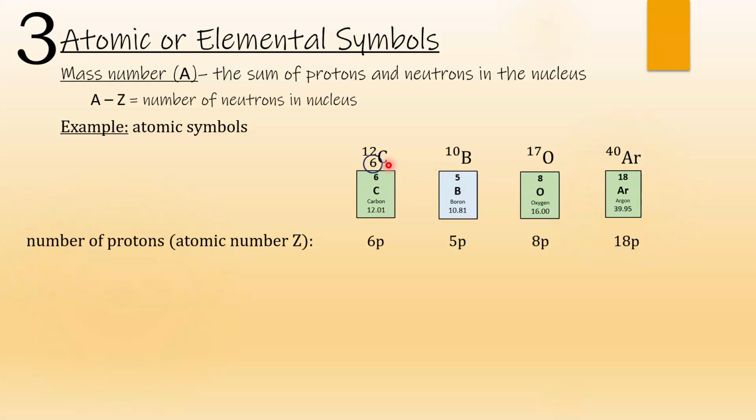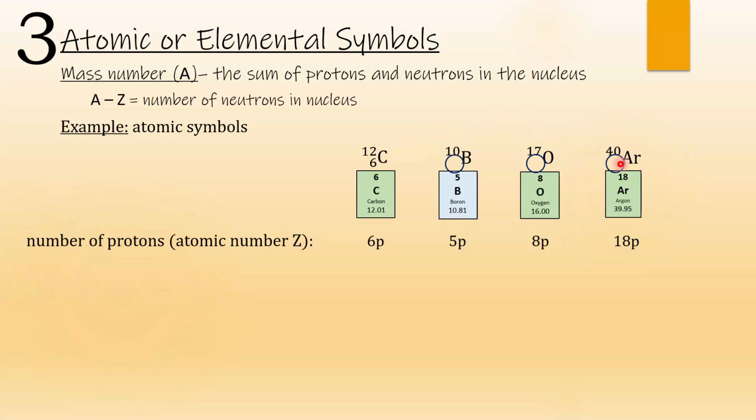Now, what I've circled here in this atomic symbol for carbon in the lower left-hand corner is actually the atomic number. You notice in these other ones, I didn't bother listing it. And typically, though, this is the way you're going to see these atomic symbols written.